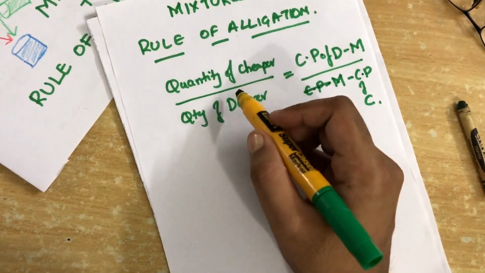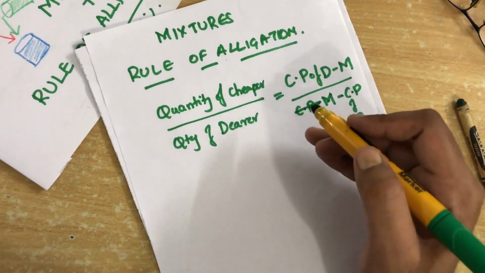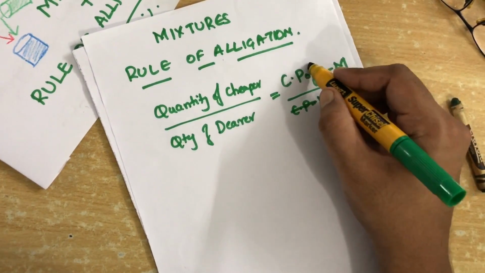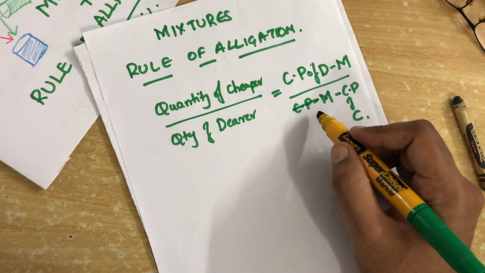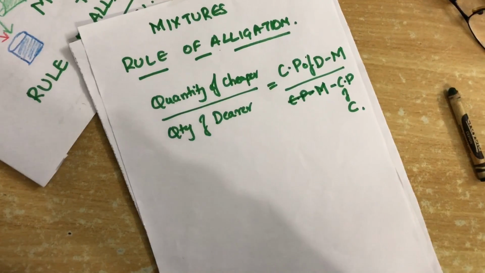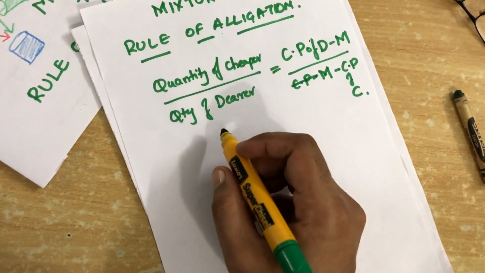Easy guys. The quantity of the cheaper to the quantity of the dearer is equal to cost price of the dearer minus mean, this is going to be higher than the mean, by the mean minus the cost price of the cheaper quantity or the cheaper material.